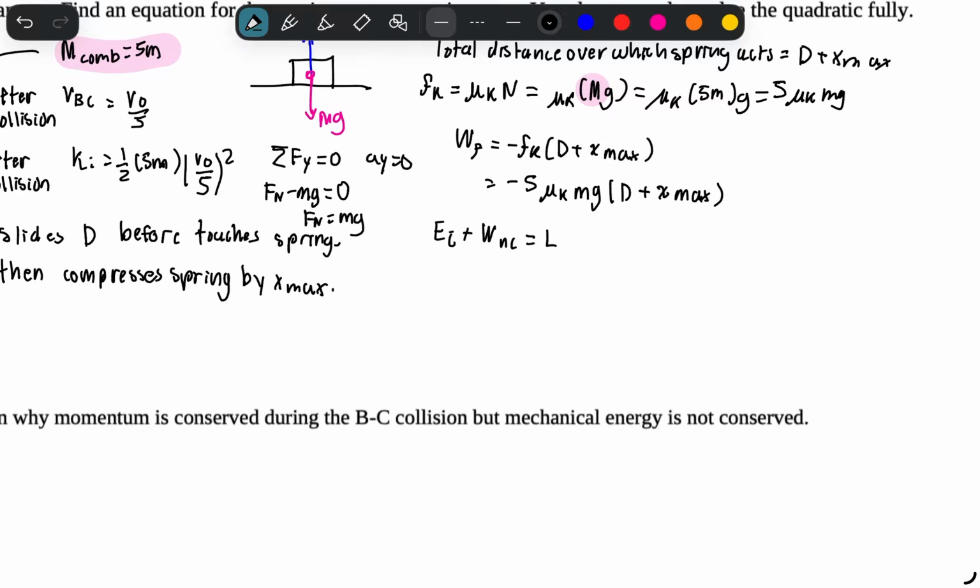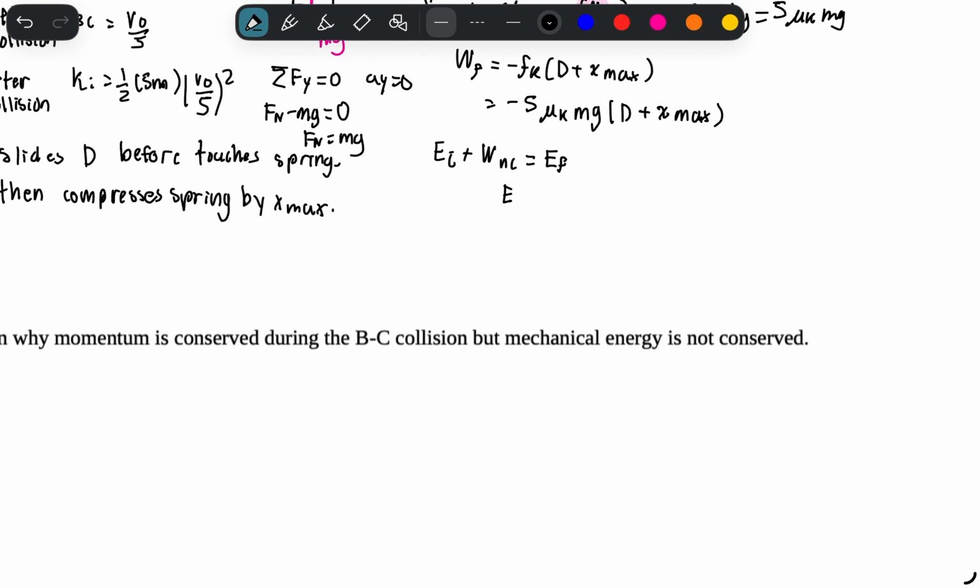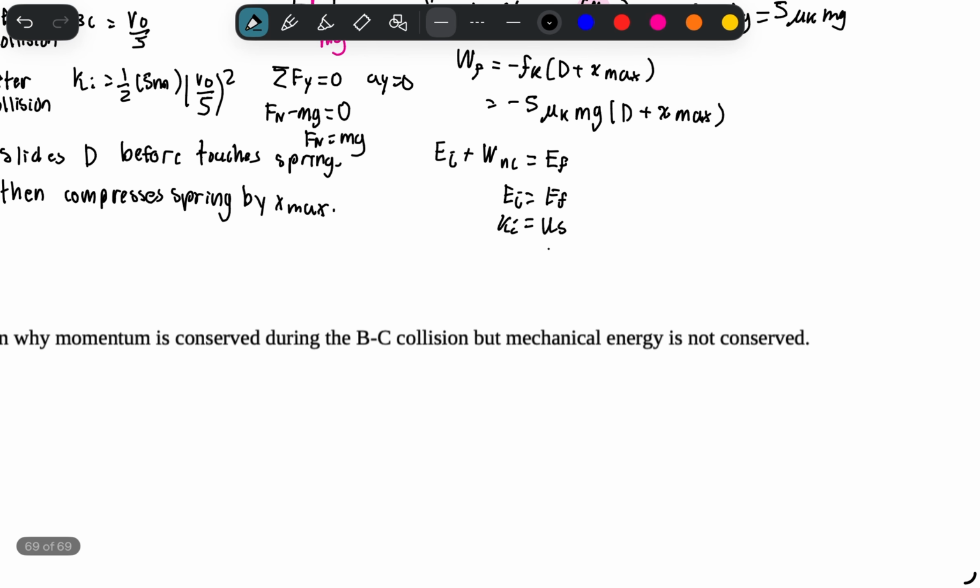So this is equal to your final energy. So we can use our initial energy. So initially we have this is equal to kinetic initial. And then finally we have this is equal to spring. So we substitute in everything. And then here we substitute in our expression.